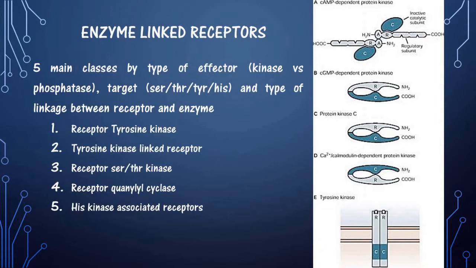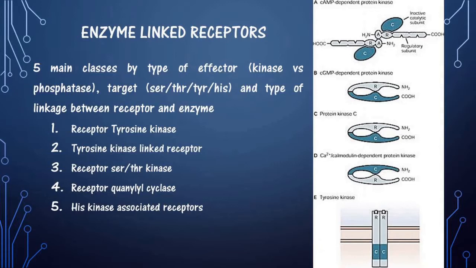The enzyme linked receptors are the second class. We have five main classes of enzyme linked receptors, by the type of effector, target, and type of linkage between the receptor and the enzyme. You have the receptor tyrosine kinase, which is the receptor that has tyrosine kinase activity.